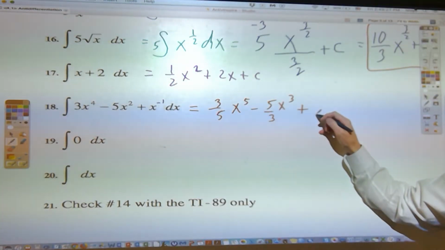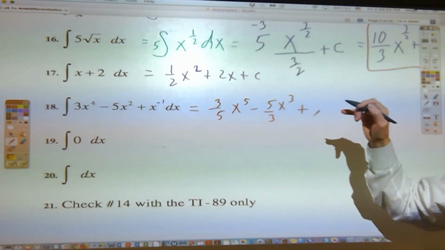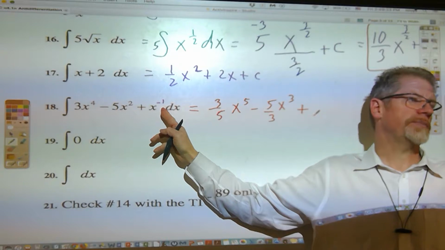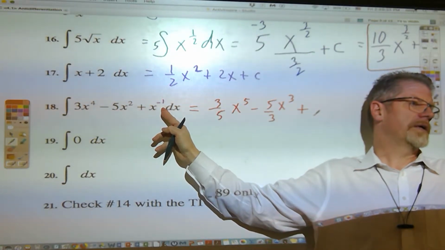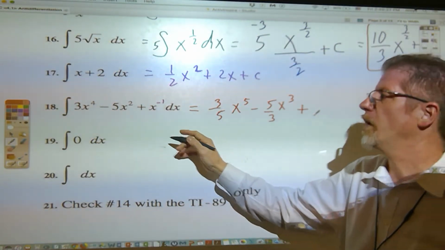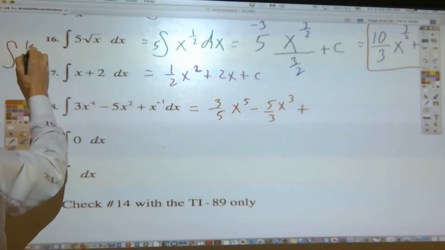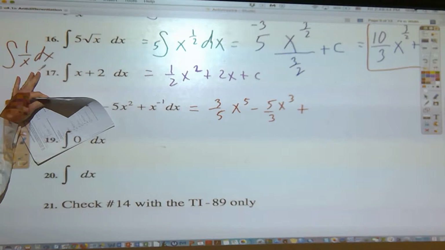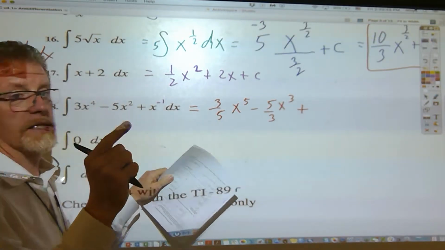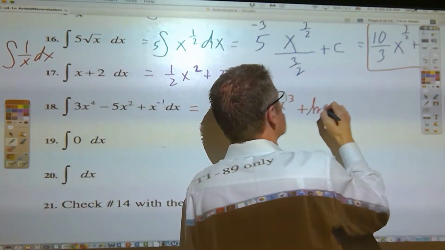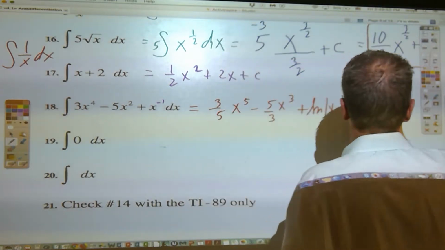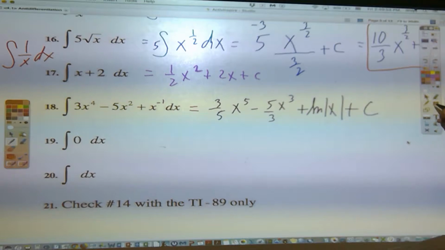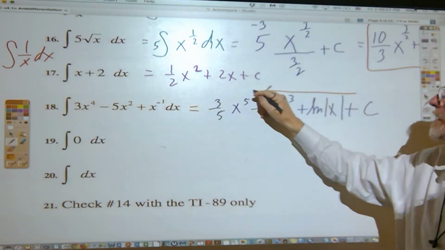It's b0. Well, but remember, that formula doesn't work when n equals -1, because we'd be dividing by 0. So instead, you have to remember, what is the family of functions whose derivative is 1 over x? Close. It's ln of the absolute value of x plus a constant of integration. Any questions on number 18?